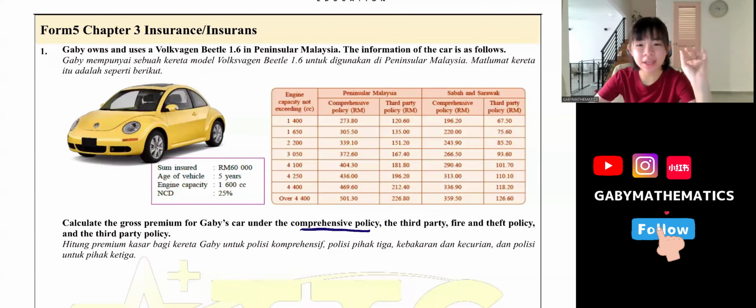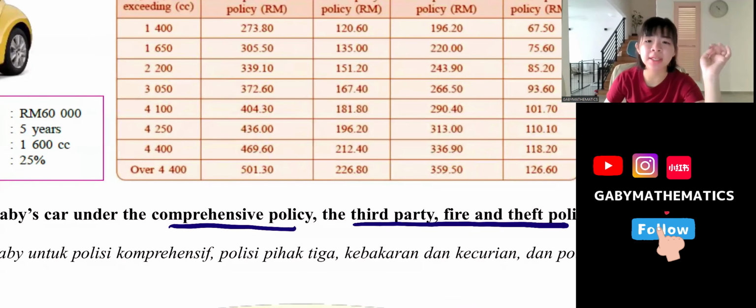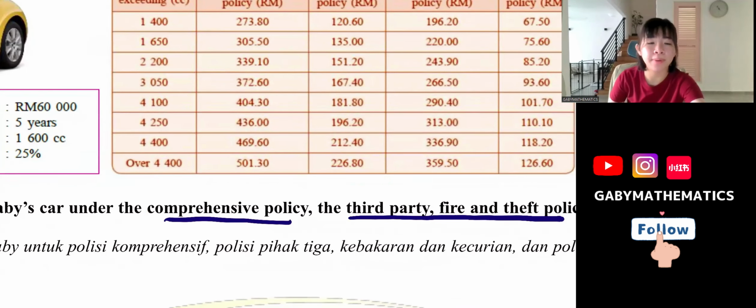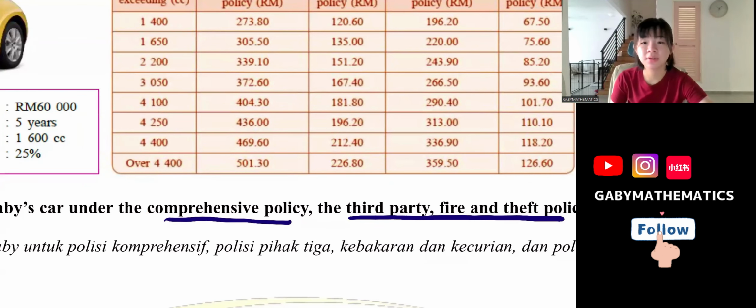Okay, my next question. If we are finding a third party fire and theft policy, it is always how many percent of the comprehensive policy basic premium? You know that the second policy will be third party fire and theft, and it is cheaper. It is always 75%. Correct.